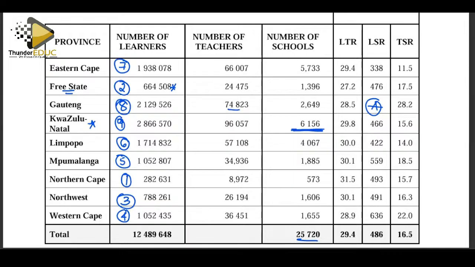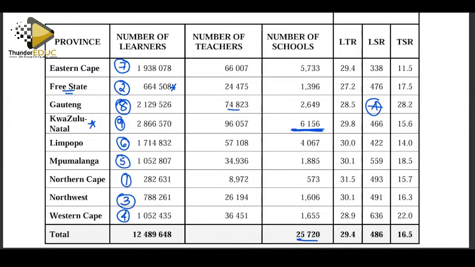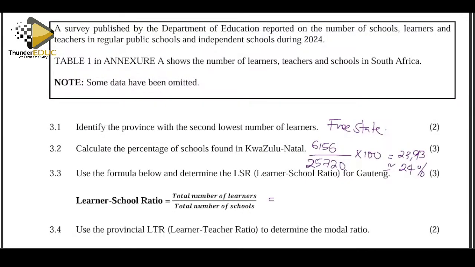The number of learners is there. Then the number of schools.